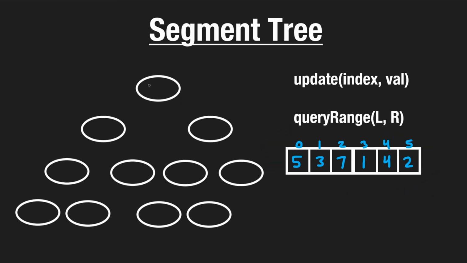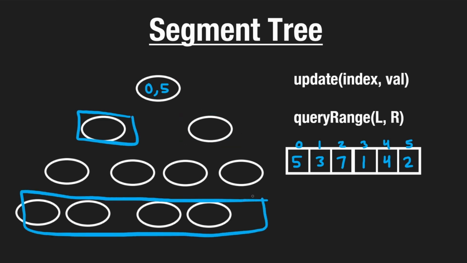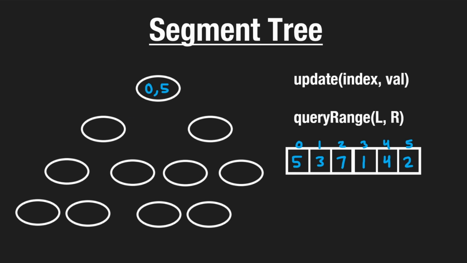So what we would say is the root node represents indices from 0 through 5. And then we take that input and essentially divide and conquer. It's a bit similar to merge sort, actually, when we have an array and we want to break it up into equal halves until we can't do so anymore. It's the same idea here, actually. We want to take this and break it into two halves.